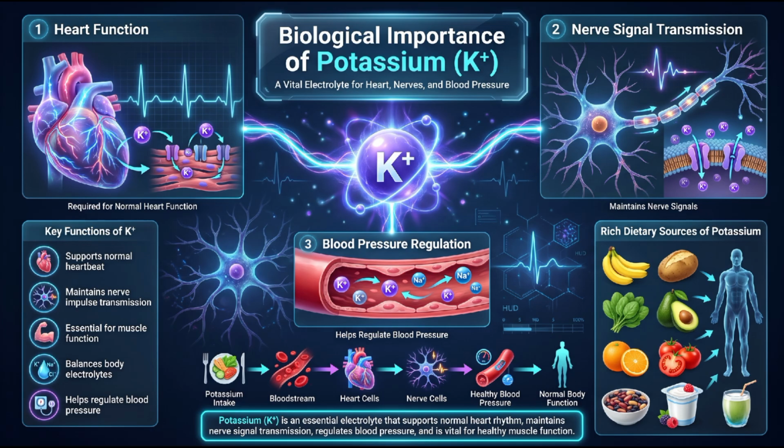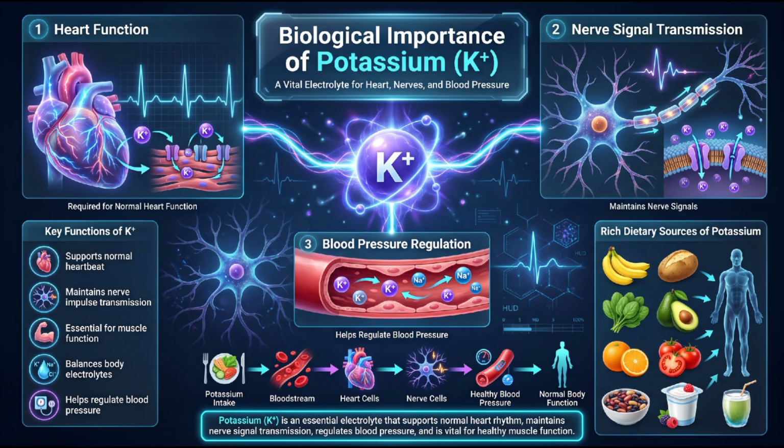Potassium exists in the body as the potassium ion, K+, and functions as the principal intracellular electrolyte. It is indispensable for maintaining normal heart rhythm, transmitting nerve impulses, supporting muscle contraction, balancing body electrolytes, regulating blood pressure, and ensuring proper cellular function.